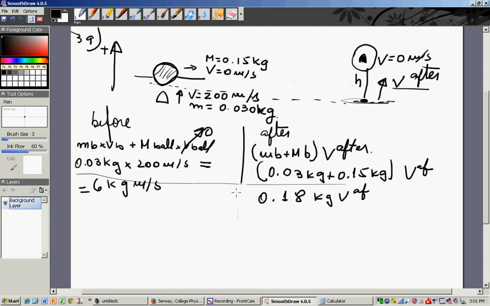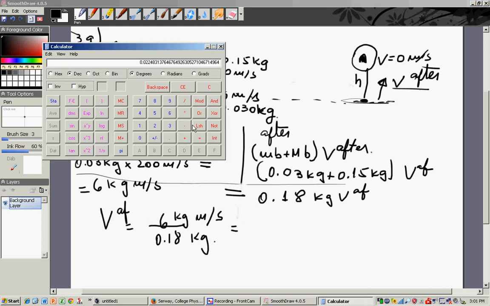So velocity after collision is going to be equal to 6 kilogram meters per second divided by 0.18 kilograms, and that is equal to 33.